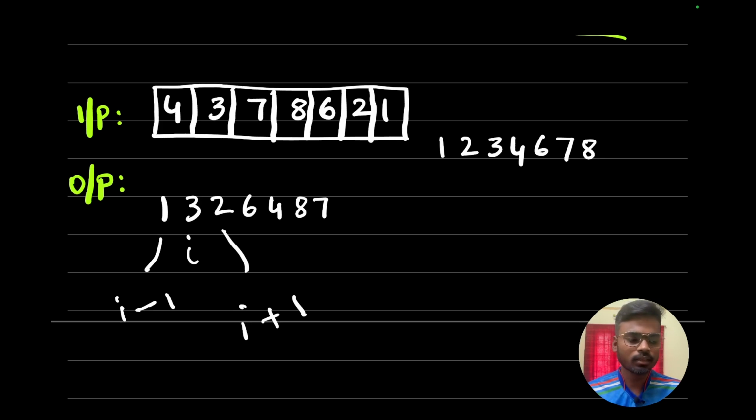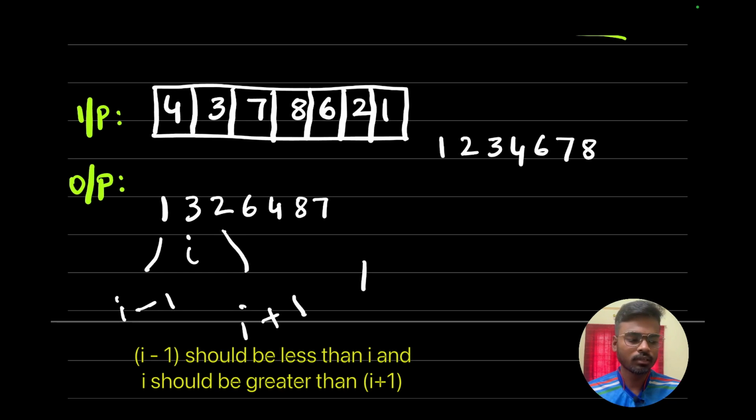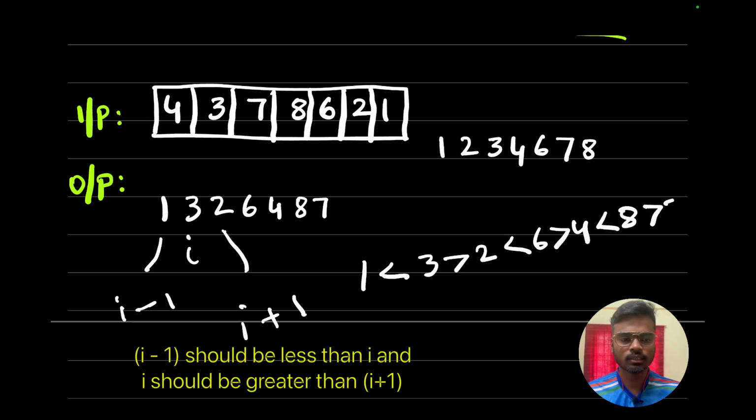If we take the given output 1 3 2 6 4 8 7, 1 is less than 3, 3 is greater than 2, 2 is less than 6, 6 is greater than 4, 4 is less than 8, and 8 is greater than 7.